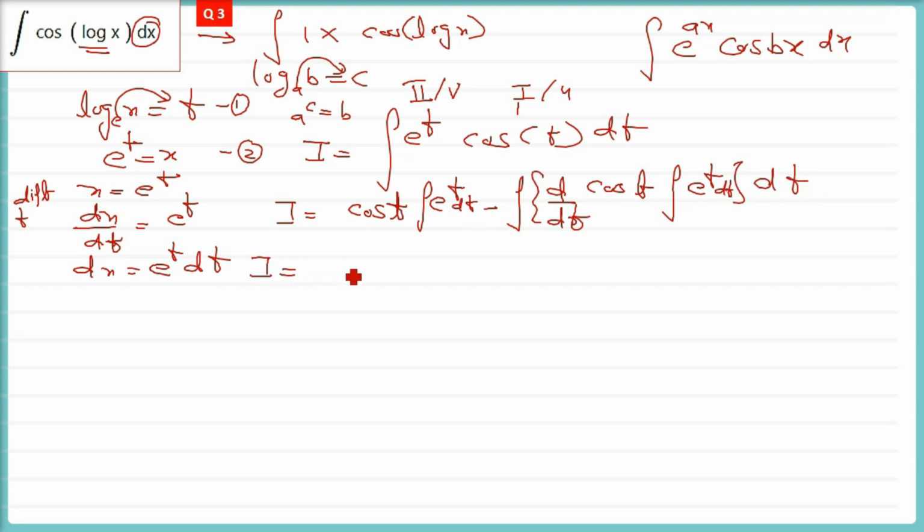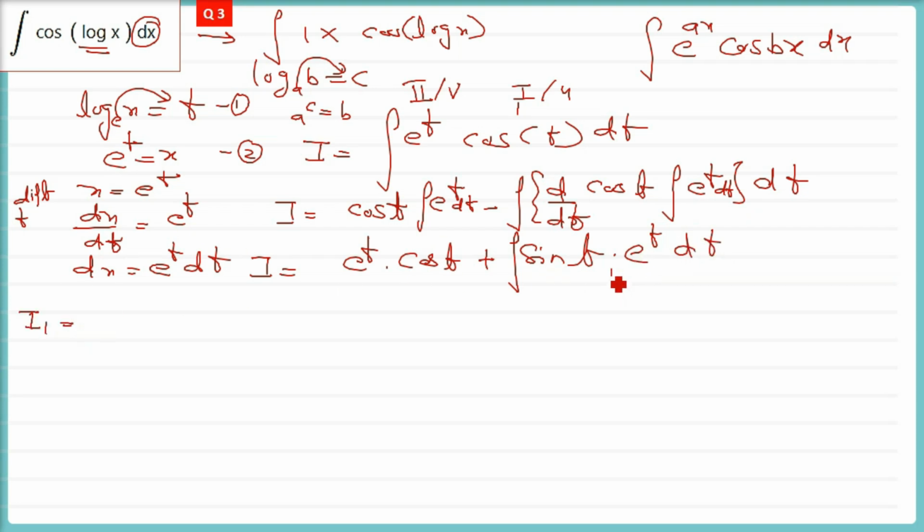So e raised t will be e raised t only. Cos t is unchanged. d by dt of cos t will be minus sin t, so this will become plus sin t inside the integration, and e raised t will remain e raised t. Now e raised t sin t dt.